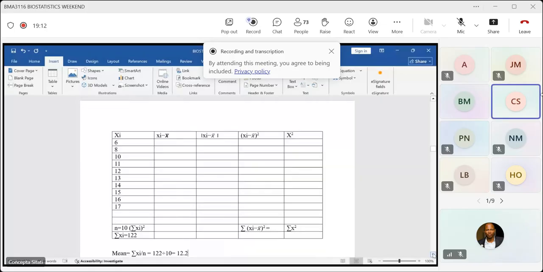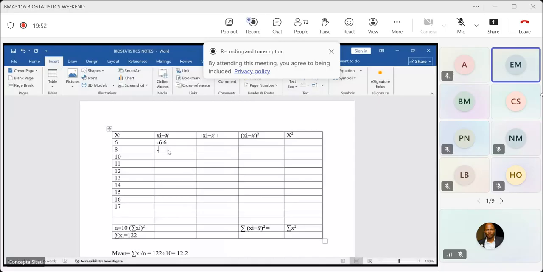So can we subtract? The first one is negative 6.2. The second one?